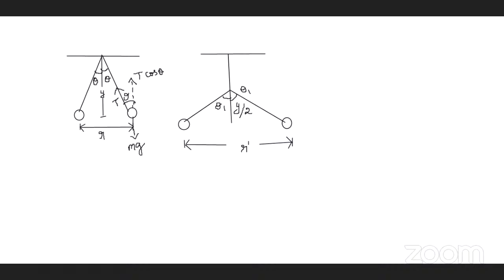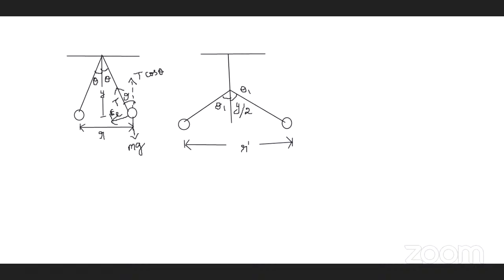And this tension component is T sin theta. That will be balanced by the electrostatic force between the two pith balls. Let me take it as Fe, the electrostatic repulsion or attraction force between these two pith balls.